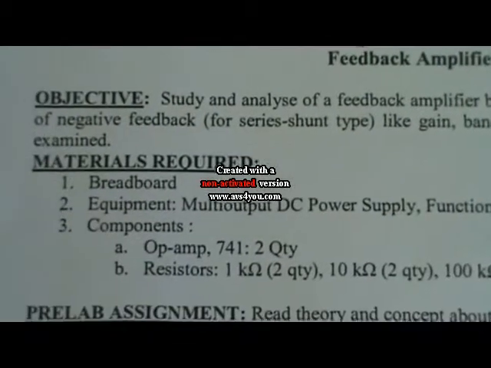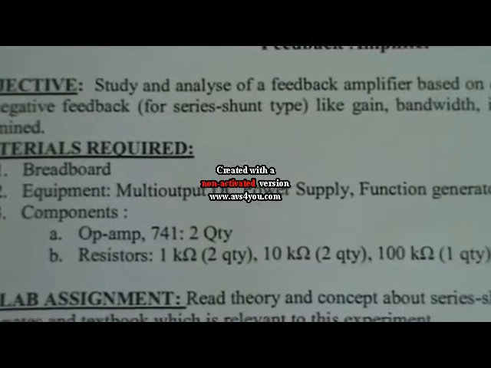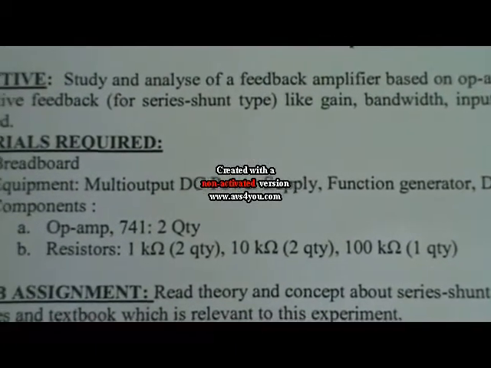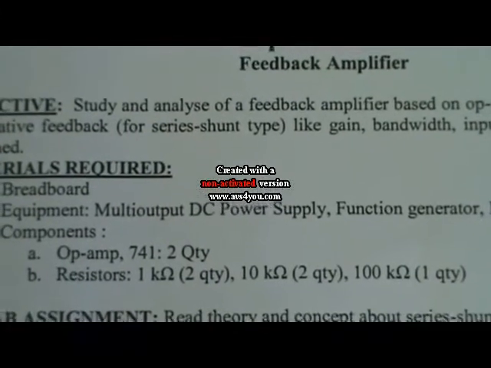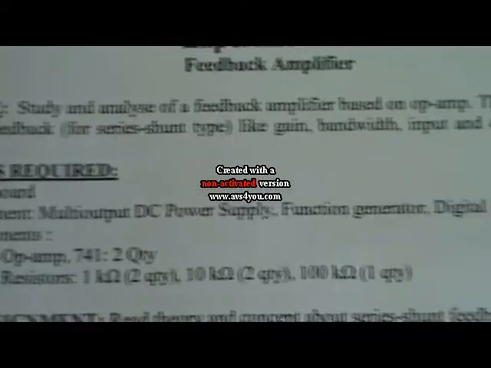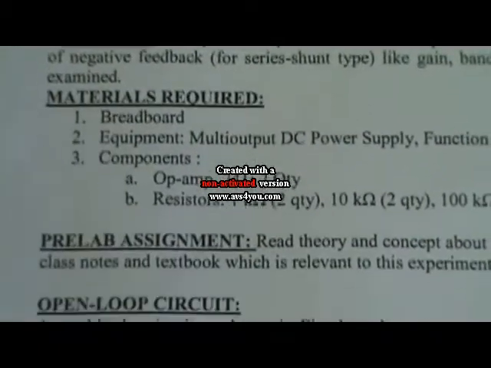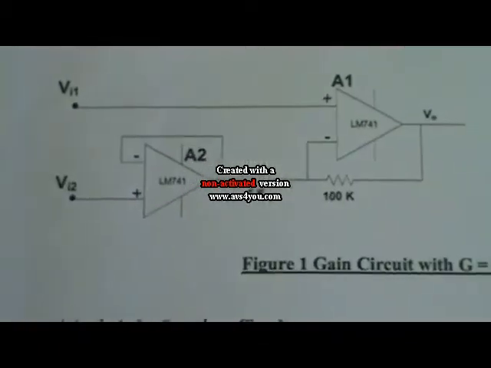These are the list of materials and components which we will use in today's experiment. You see all the components: power supply, function generator, digital oscilloscope, and implement the circuits as given in figure 1.